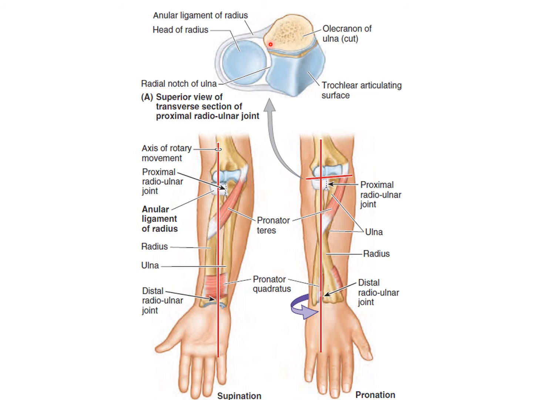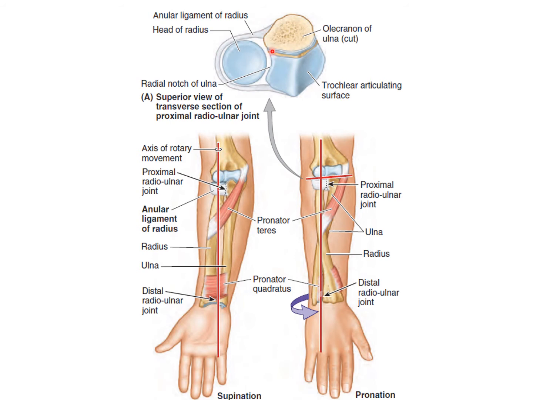And here you can see the annular ligament attaching to the posterior part and making a circle around the head of the radius, and then attaching towards the anterior part of the ulna. Here we are looking from up, in this direction, looking down.